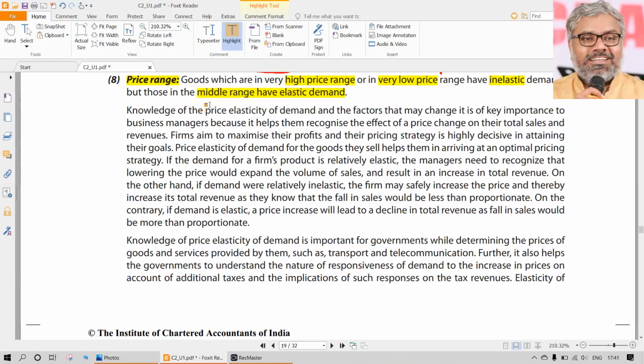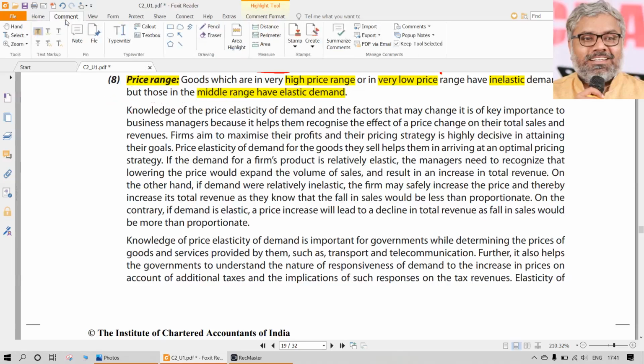Middle range. That is where the consumer goods segment, whether fast moving consumer goods or normal consumer goods, either way, the consumer goods segment in the middle range will have highly elastic demand. That will be very much influenced by price.